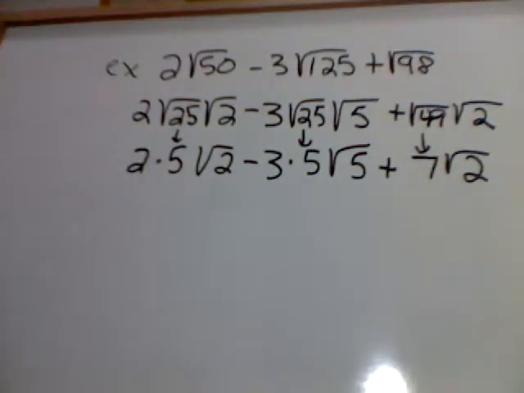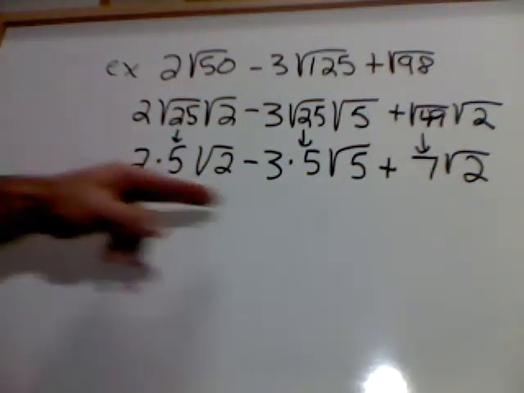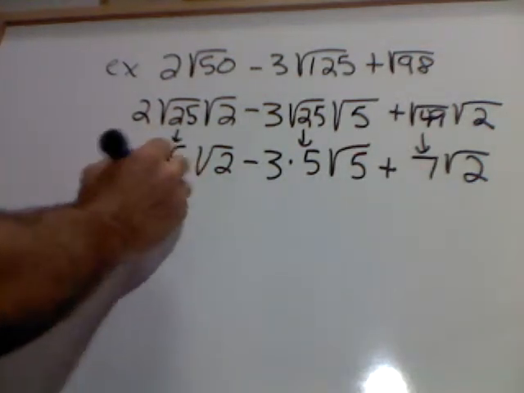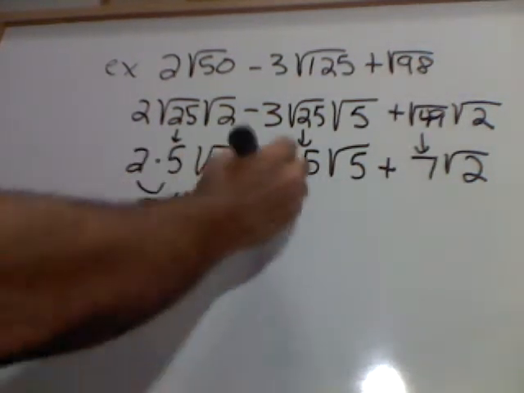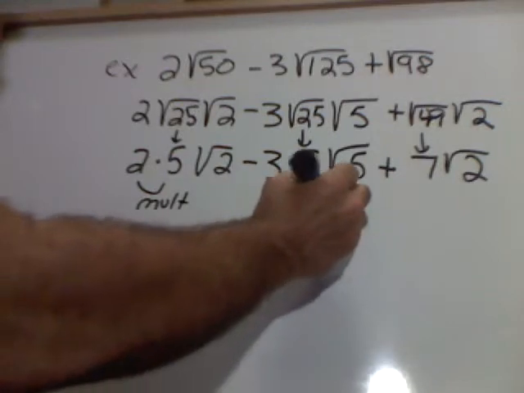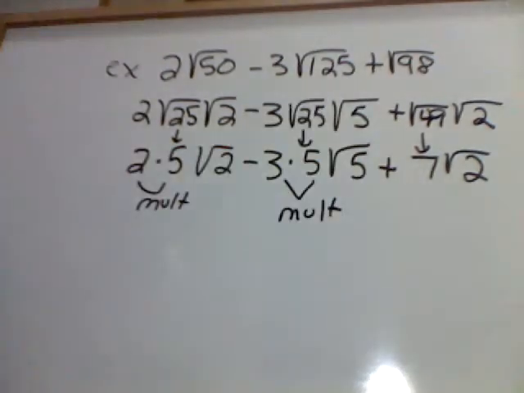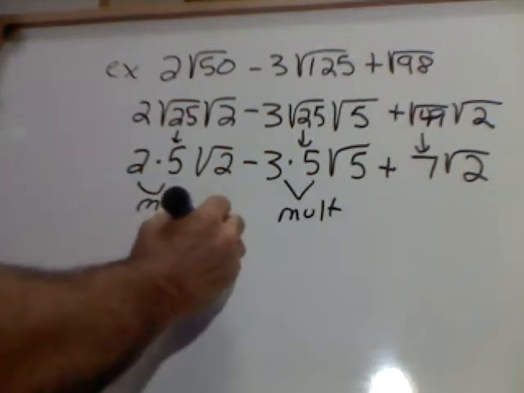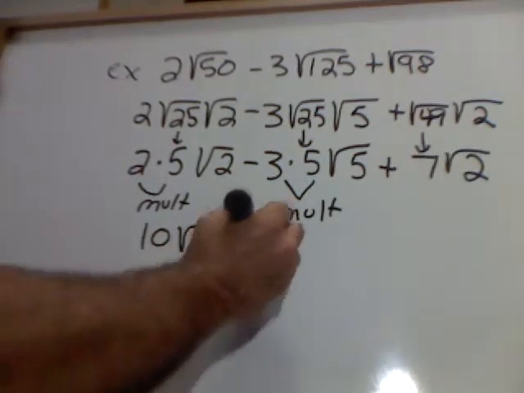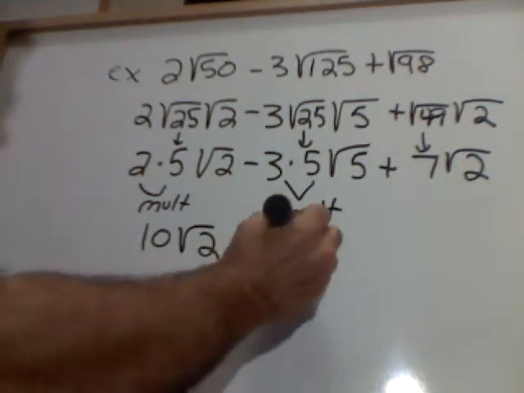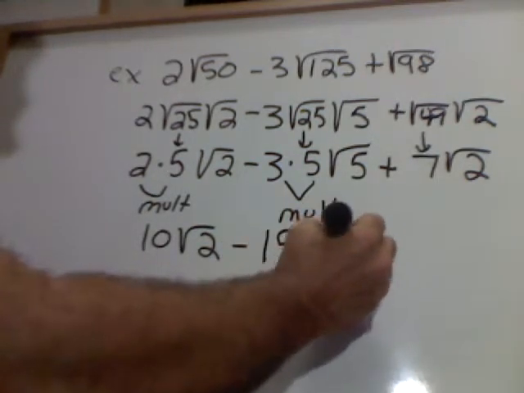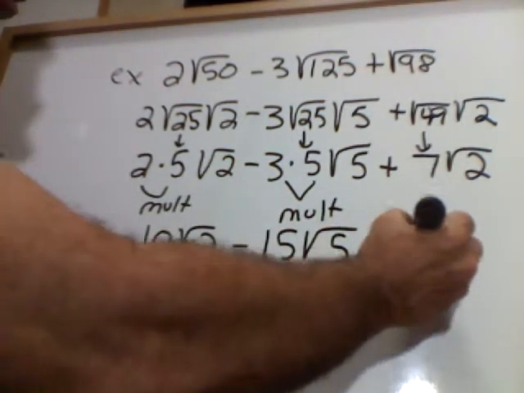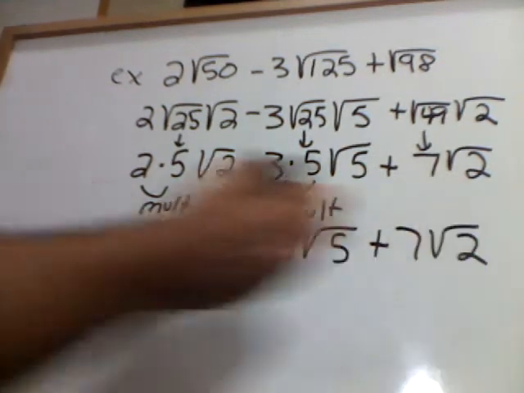Now, order of operations says we have to multiply these terms before I can add and subtract. 2 times 5 gives me 10 square root of 2s, minus 3 times 5 is 15 square root of 5s, plus my 7 square root of 2s.